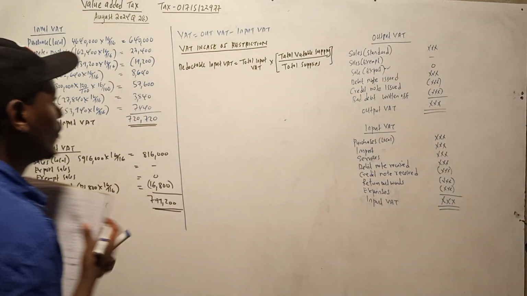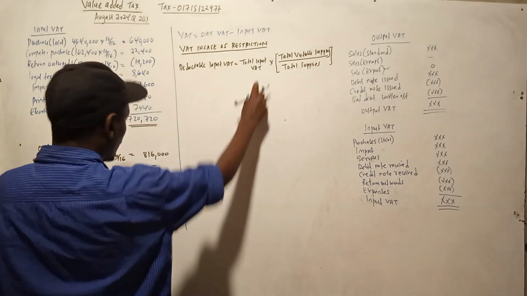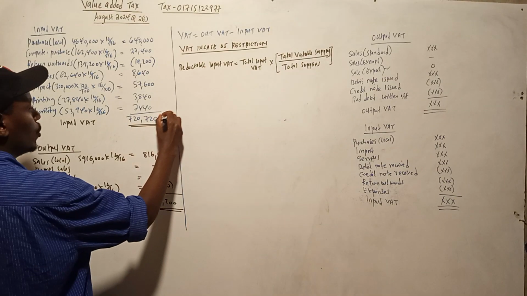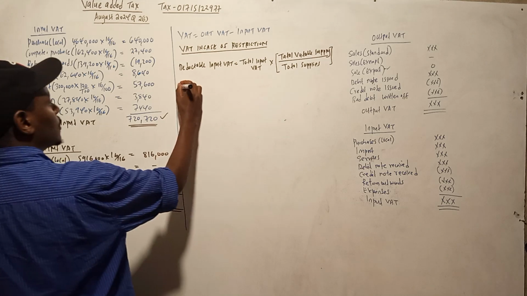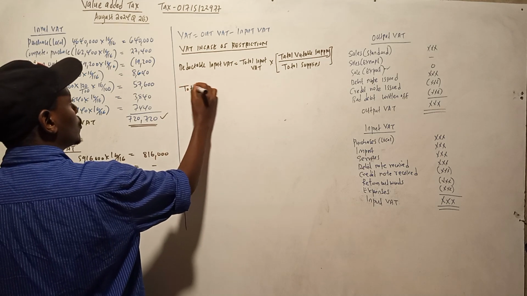So for total input VAT we have it. That is 720. So we need to find total supplies first. Total supplies.